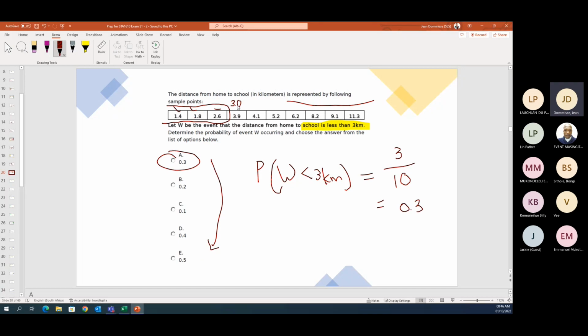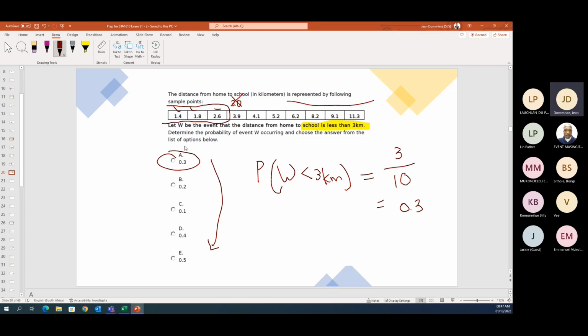If there was a 0.3, they still say less than 3, so we will not include the 3. If it was less than or equal to 3, then we would have included the 3. So just be very careful with the wording. Here it's less than 3, so anything less than 3, there's only 3 points.